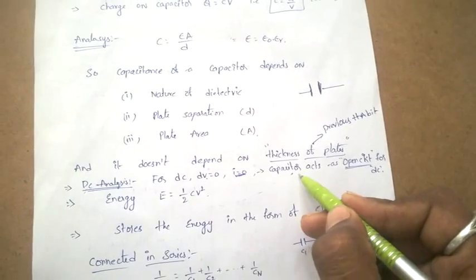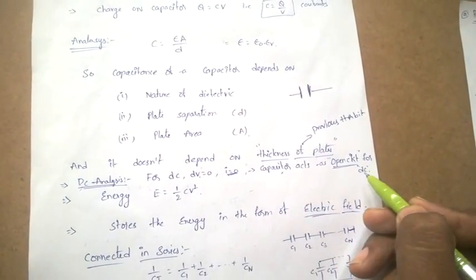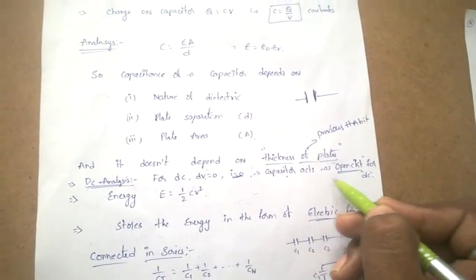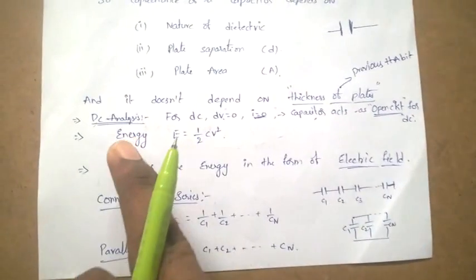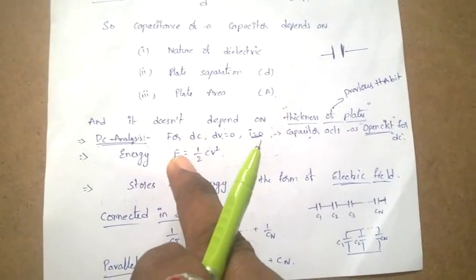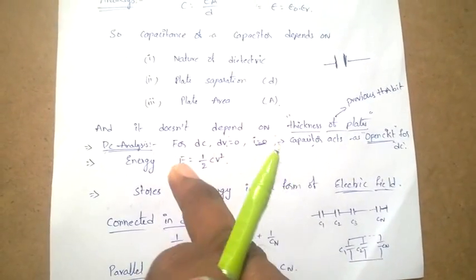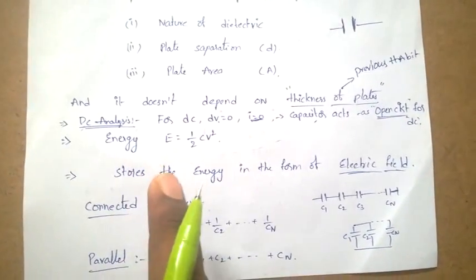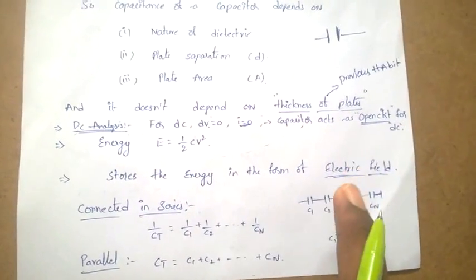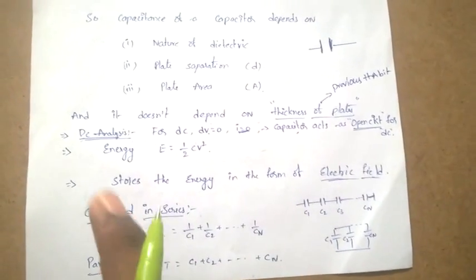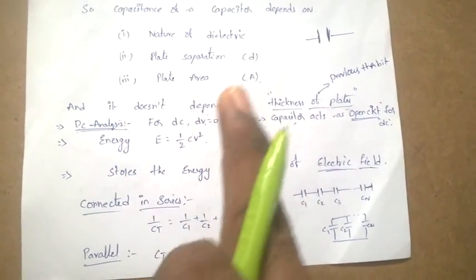So the capacitor acts as an open circuit for DC. It is a very important bit. The energy stored in a capacitor is E = half C V squared. The capacitor stores energy in the form of an electric field, but an inductor stores it in the form of a magnetic field.